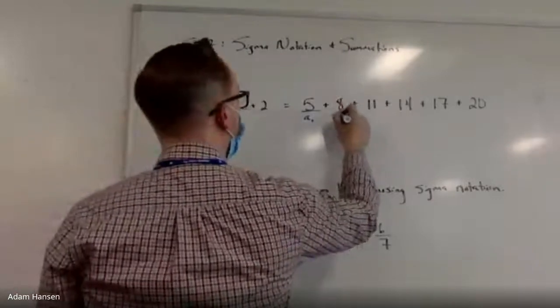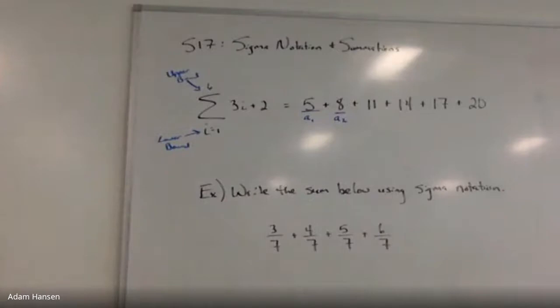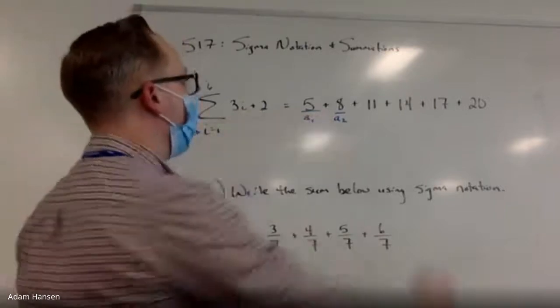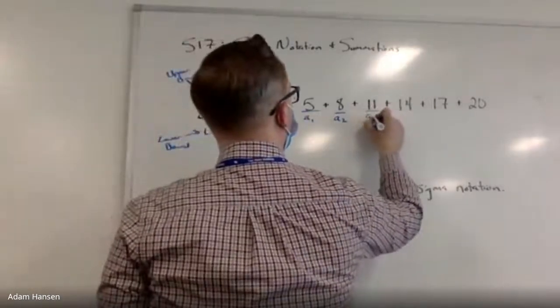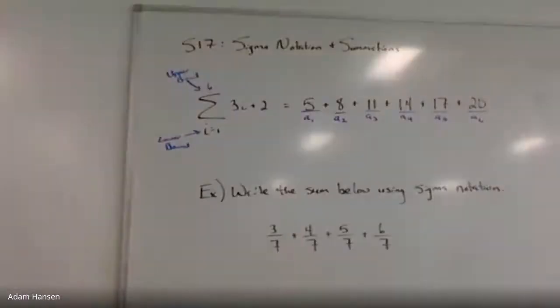A sub 2, the next term in that sequence, is found by plugging in 2, obviously, right? 3 times 2 is 6, plus 2 is 8. Add all those up, and we'll have that summation.